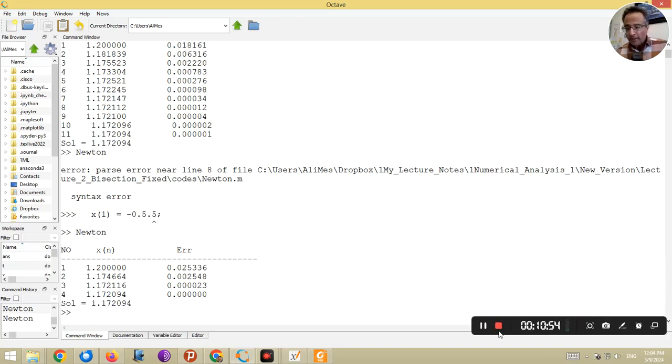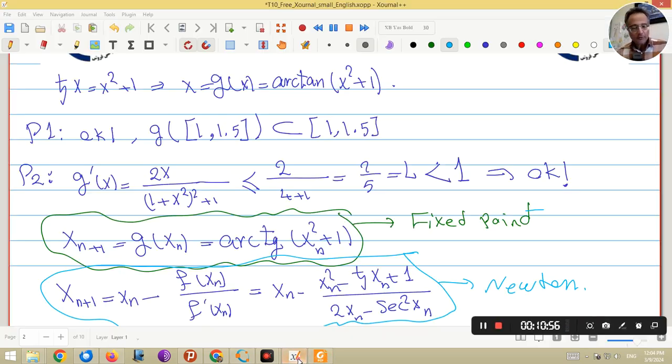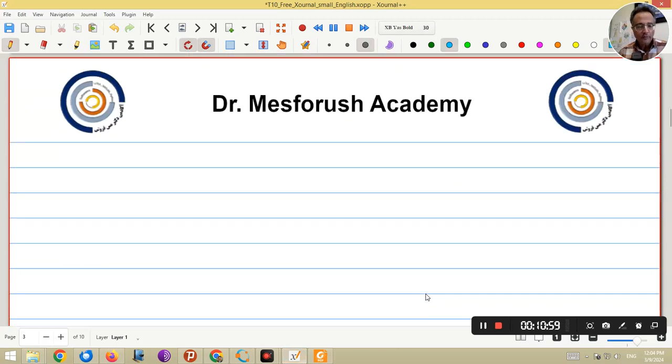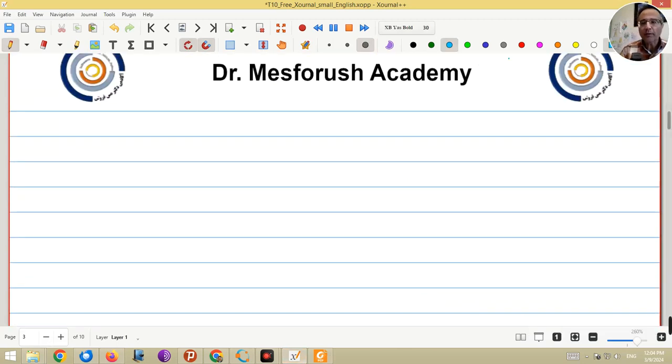Okay, the last equation that I want to solve, and maybe the last one of this kind of problem, exercise number 4. Let me write this problem first.